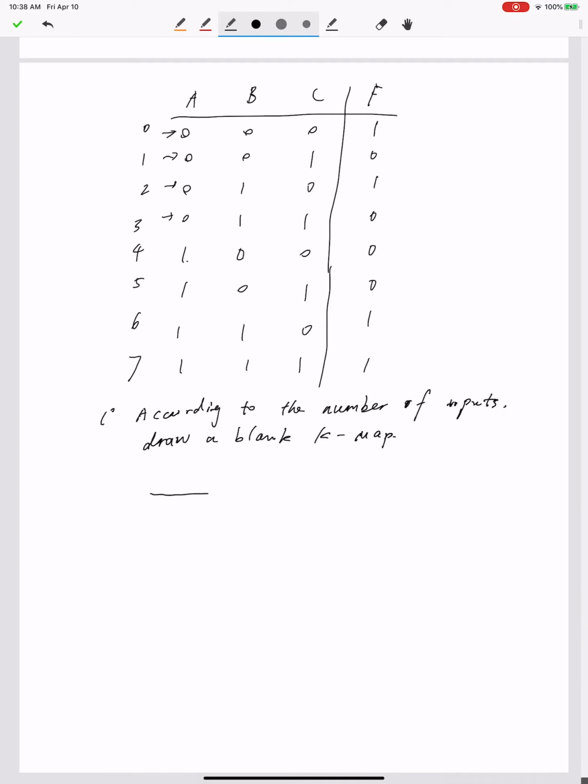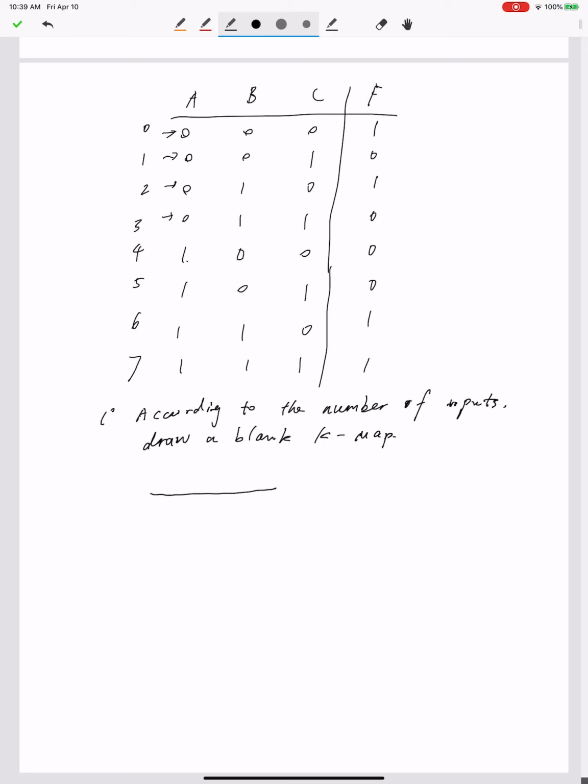So we need to draw a 3-input K-map. As long as the number of inputs is determined, the format of a blank kernel map is also determined. In other words, if you have 3 inputs, then no matter what the output is, the 3-input blank kernel map is always in the same form. It always looks the same.